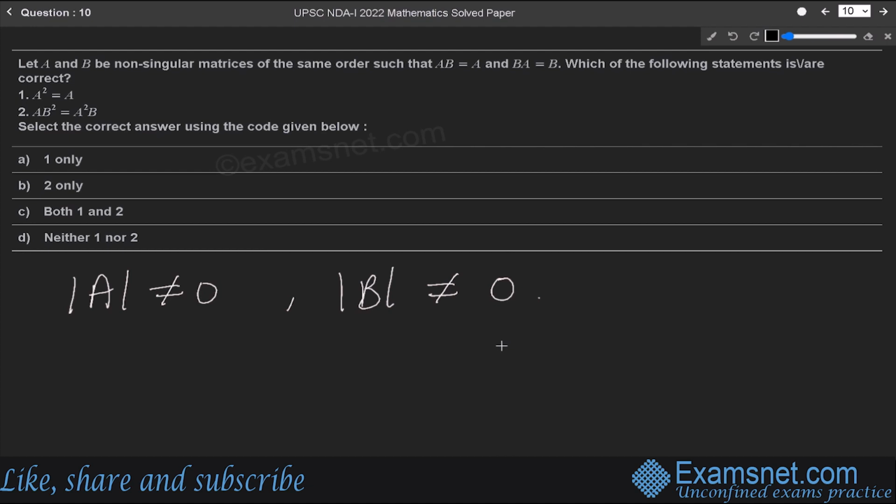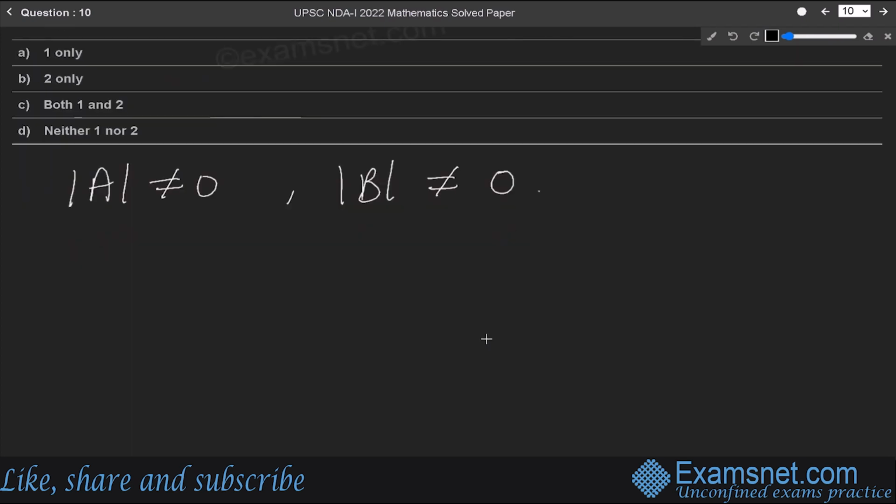This question came many a times in the exams and it is a very important question. Also given that AB is equals to A and BA is equals to B.